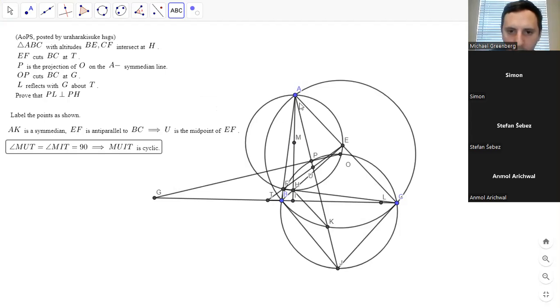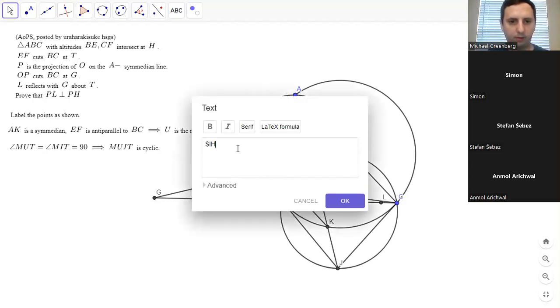We want to show AH times AI is AU times AK, but AH times AI is AE times AC, because IHEC is cyclic by right angles. I'm too lazy to write out the equality.